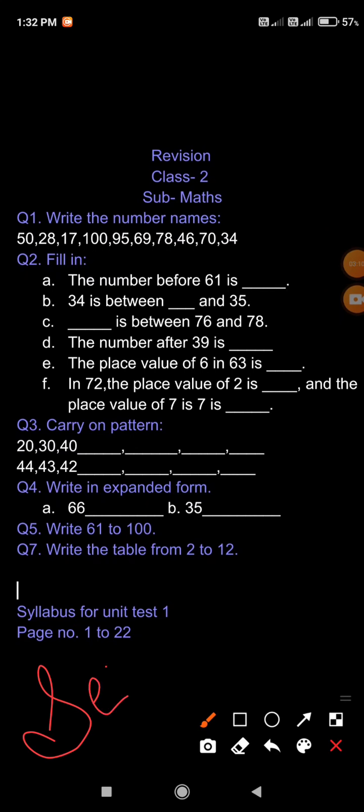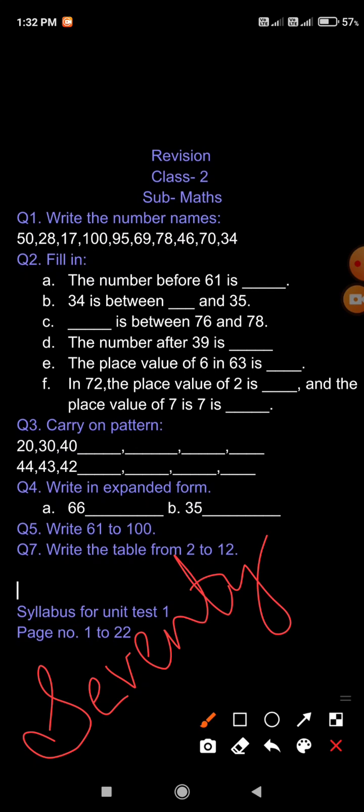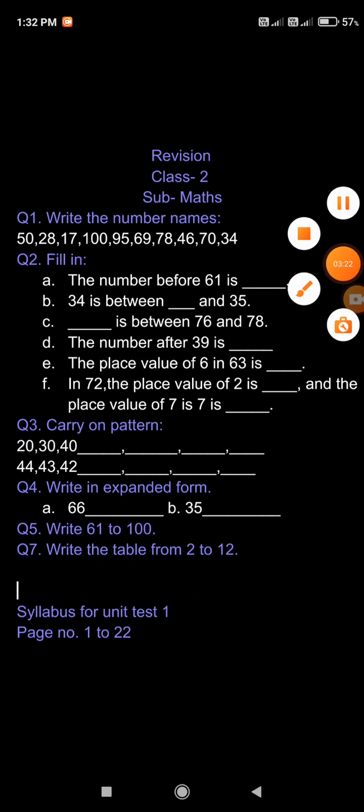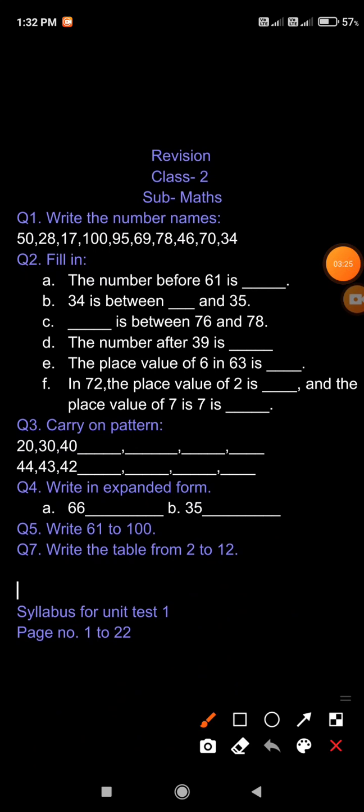Write the number name of 78, S-E-V-E-N-T-Y, 78, E-I-G-H-T, 8. Like this you will do this one yourself. In your copies, at least 2 times you have to write these.